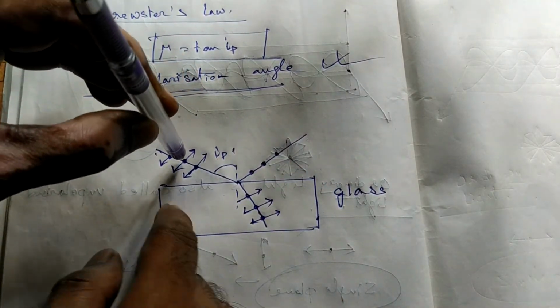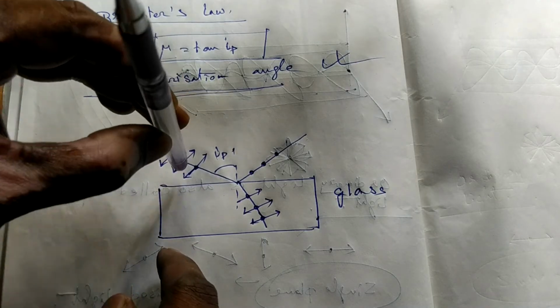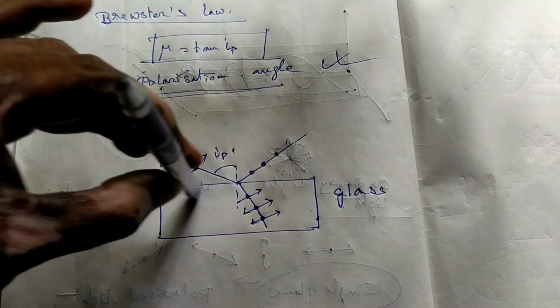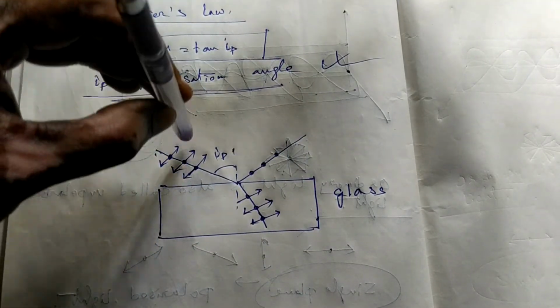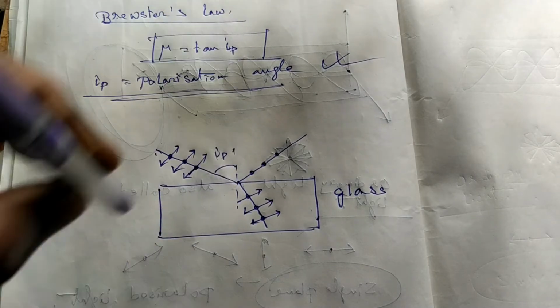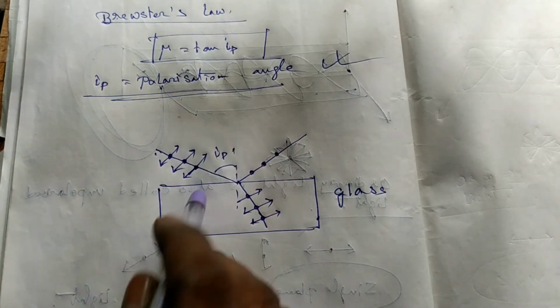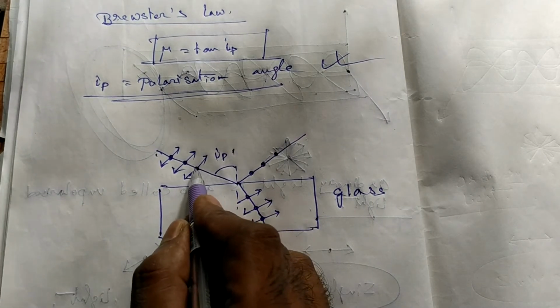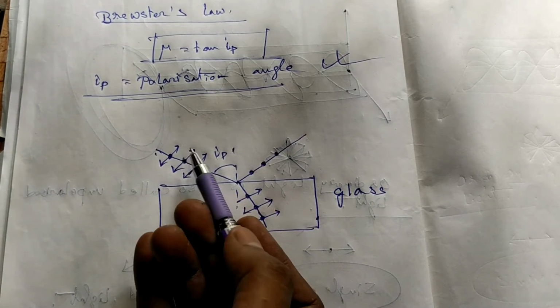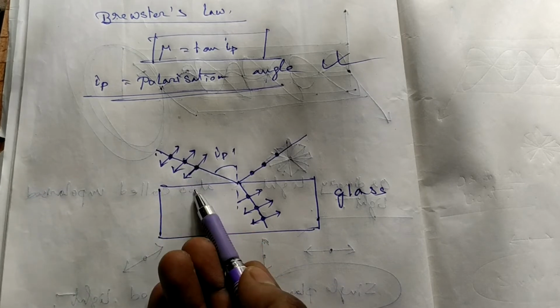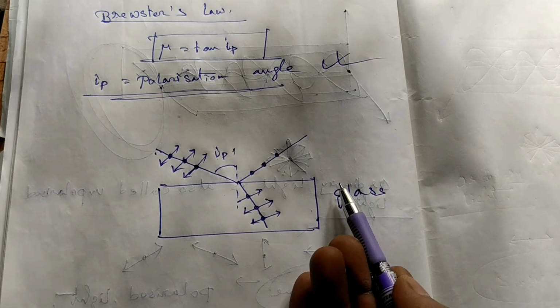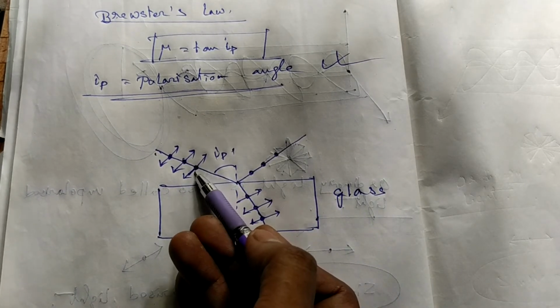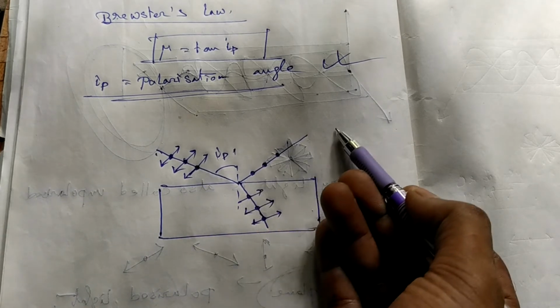Remember that this one is vibrating in this direction and this is the plane of reflection. So this is parallel to the plane of reflection. This wave, the pointed wave, is vibrating perpendicular to the paper. It is actually parallel to the surface of the medium, so it is easily reflected.